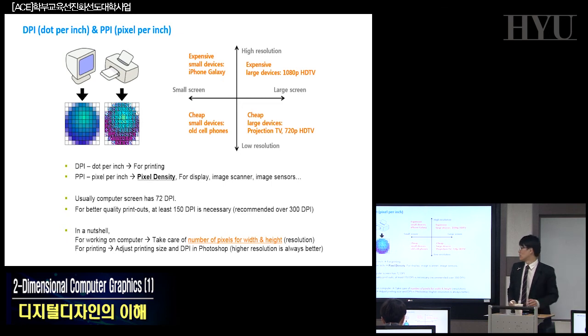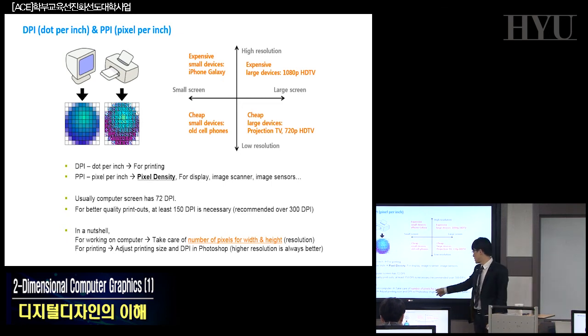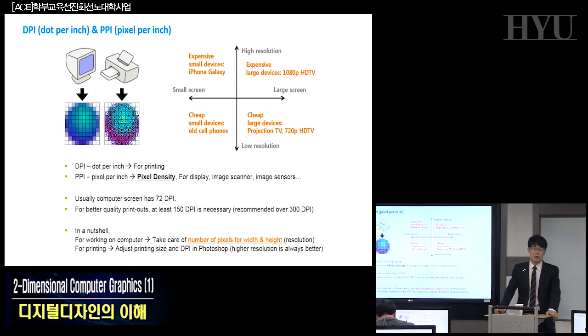What you need to take care of is simply the number of pixels for your image width and image height, okay? That is very important because we can control DPI. PPI, actually, doesn't matter for your design work. For controlling DPI, you can change, enhance DPI when you get very high resolution images. So you can change DPI using Photoshop or some Photoshop-like computer graphics software.